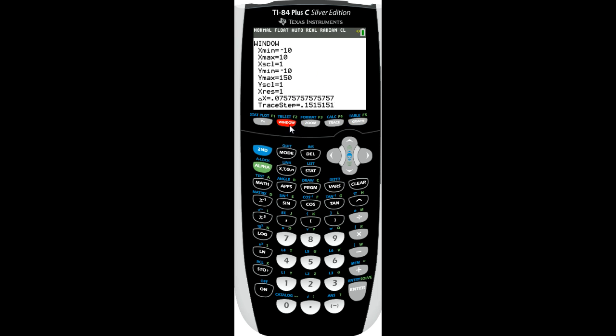If that bothers you, and only if it bothers you, you can go down to your y scale, and maybe instead of counting by ones, I count by tens. It will not change the shape of my graph, but now on my y-axis, we are counting by 10, 20, 30, 40, 50, and so on. It's just a matter of preference, whether you want to or not.